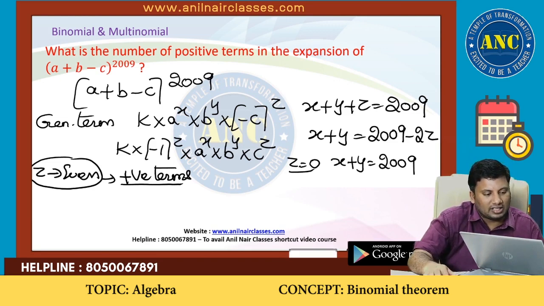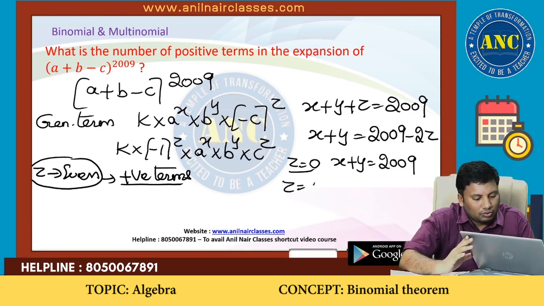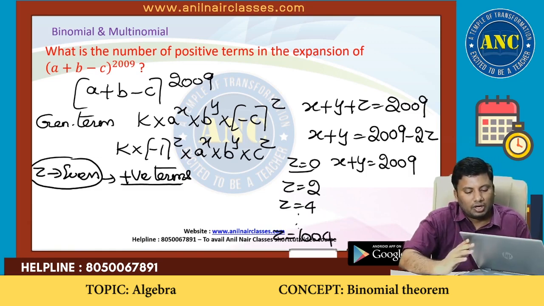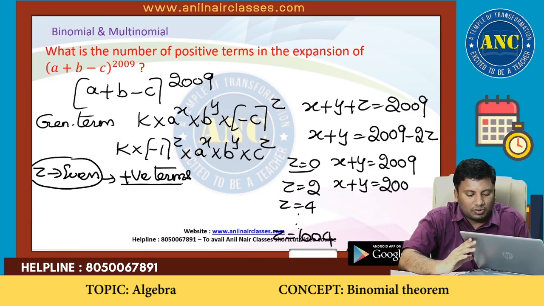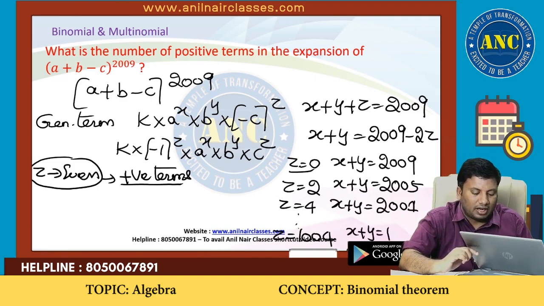Z can be 2, z can be 4, and so on, up to 1004 it can take. So x plus y is nothing but 2005. X plus y is decreasing by 4 each time, down to 2001. For the last z, x plus y is equivalent to 1.